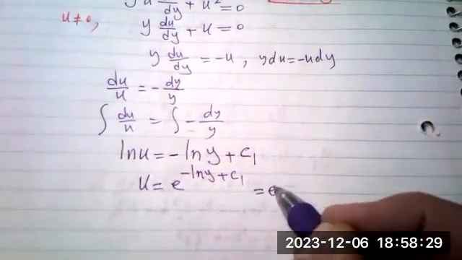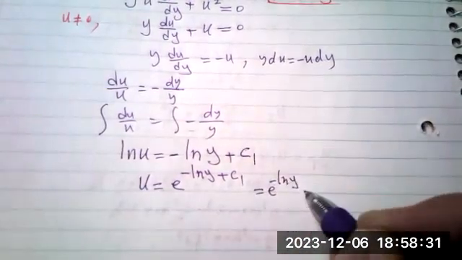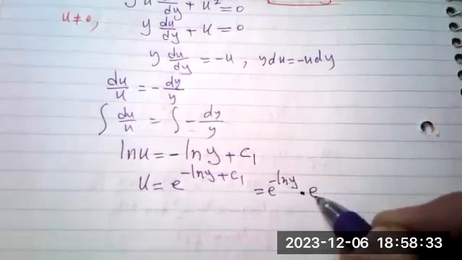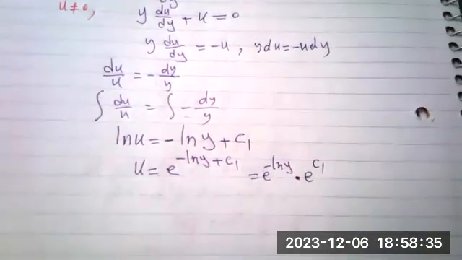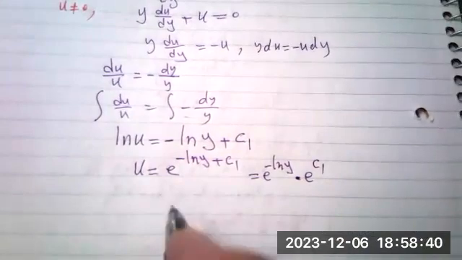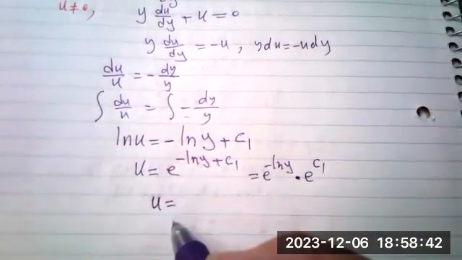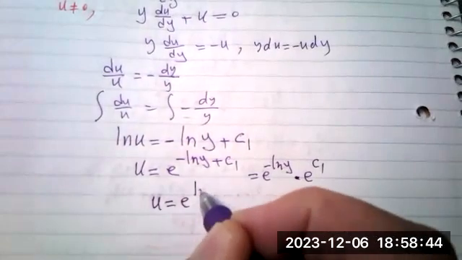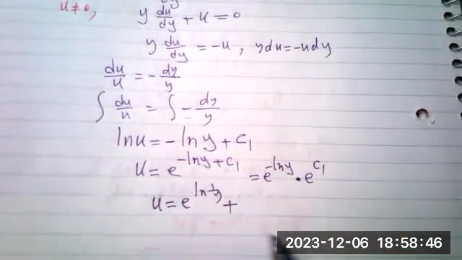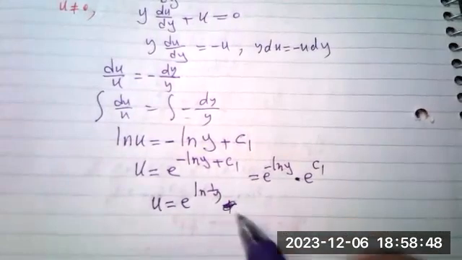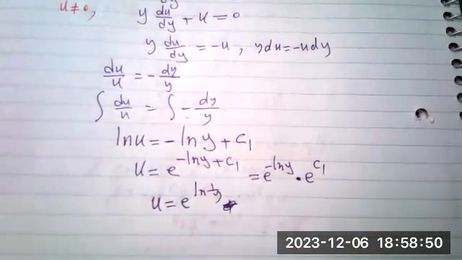You break this into e to the negative ln of y times e to the c1. For e to the negative ln y, you put this negative up. So that gives you u equal to e to the ln of 1 over y, and this is times e to the c1. You can call it c1 again, or call it c2. It doesn't matter.